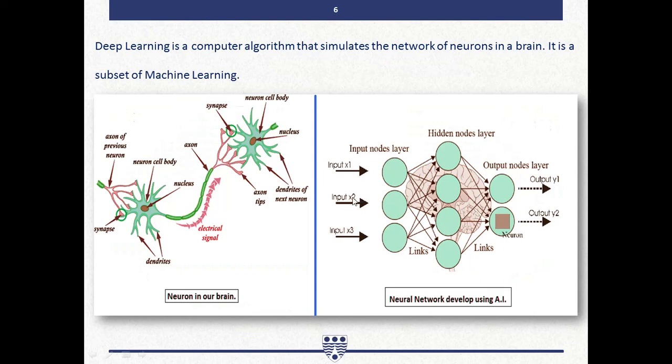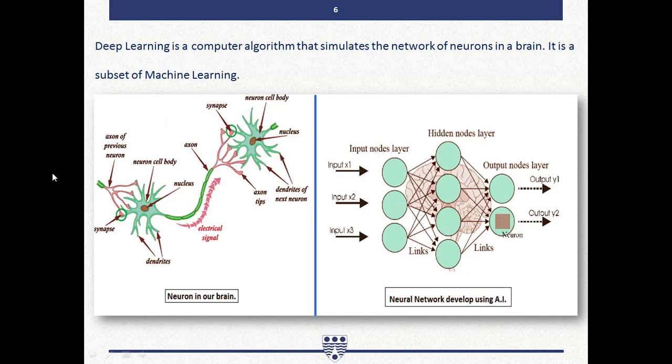Now this is an image of a neuron which is in the brain. You have the axon, the synapse, the dendrite and so on. If you want to replicate this human neuron in a machine, this is how it looks.